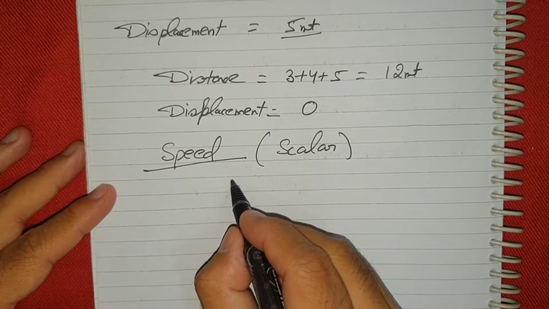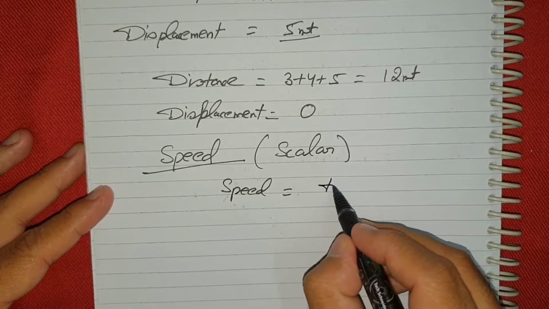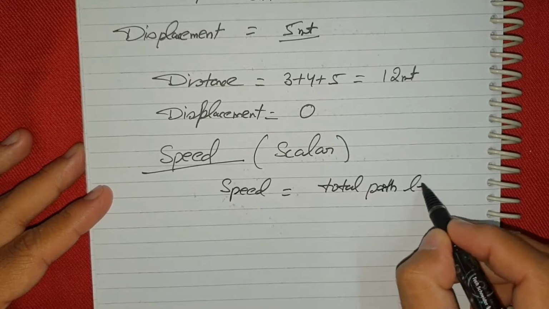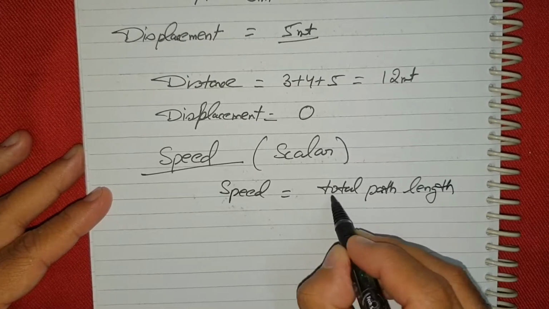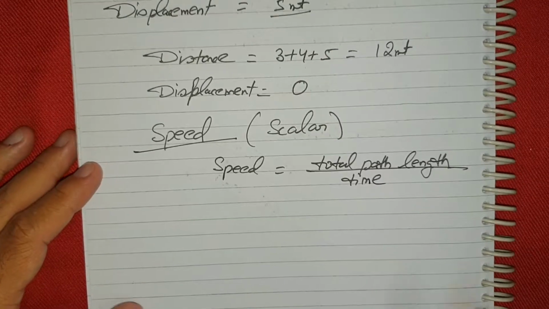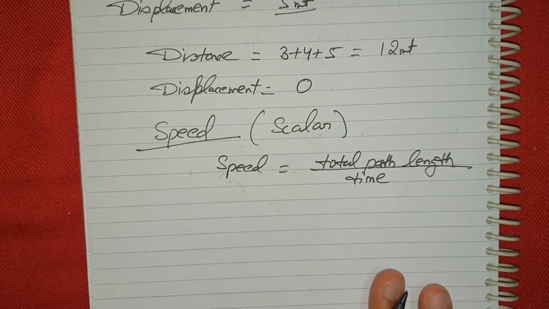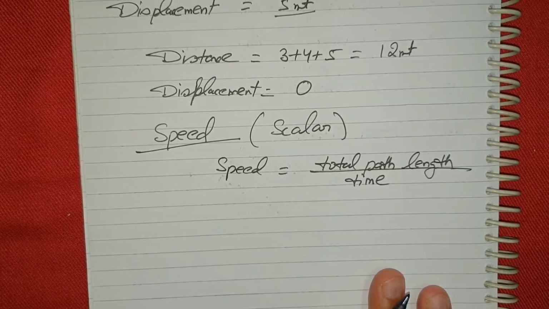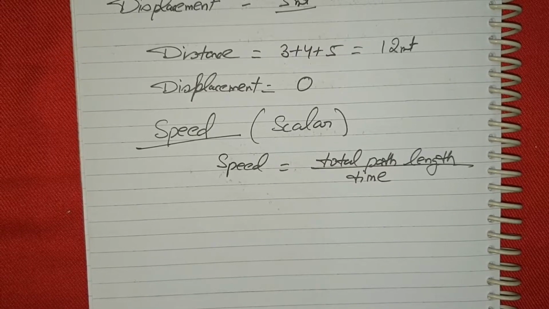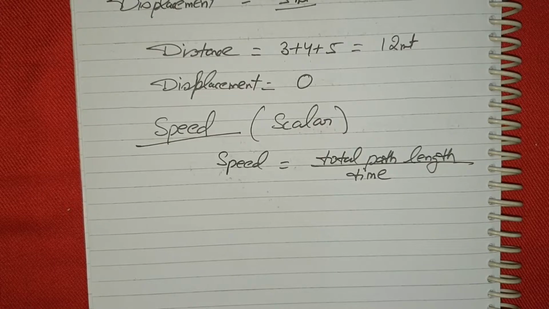So, basically speed is total path length upon the time taken. As we have discussed in our smaller classes, speed is distance by time. The speed is a scalar quantity. It gives no idea about the direction of motion of the object. The speed of an object can be 0 or positive, but it cannot be negative. So, that is the speed.